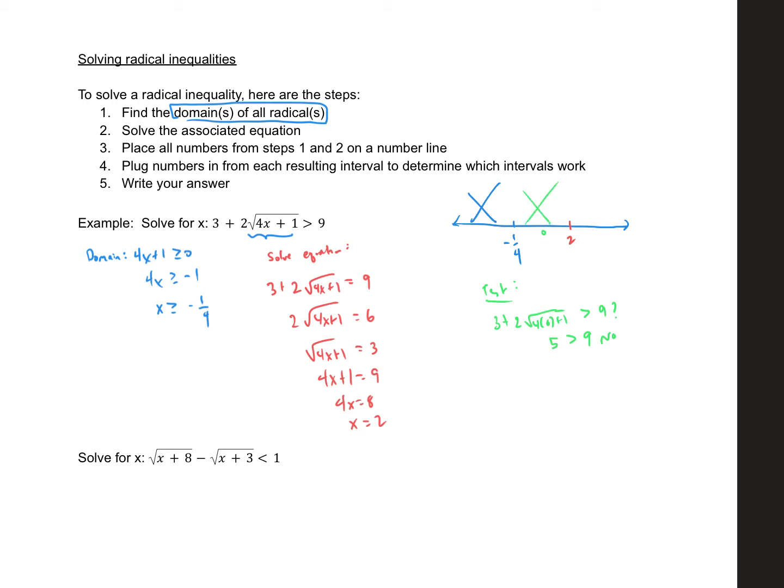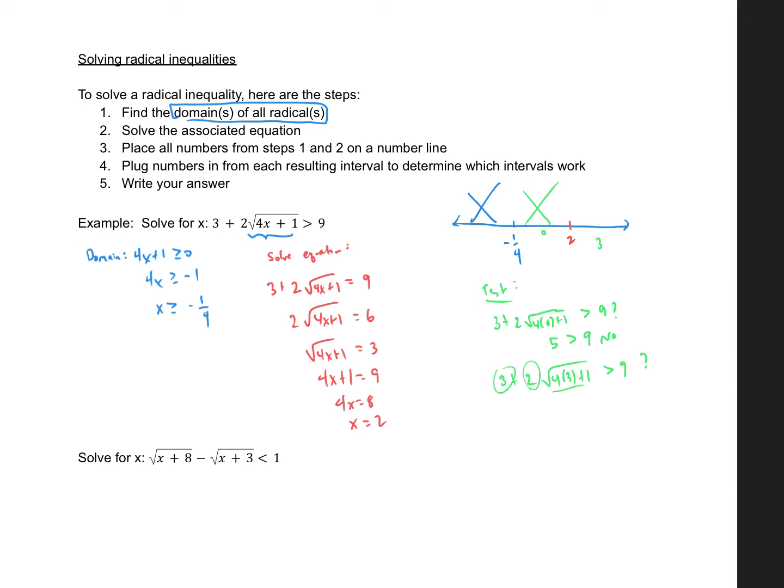So that means because 0 doesn't work, none of the numbers in the interval with 0 work. So now I'm going to test a number bigger than 2, and I look at this and I say, how about, I don't know, 3? If I test 3, and you can use a calculator with this, this gives you the square root of 13, which is somewhere between 3 and 4. You can obviously get the decimal for that. So when I double it, that would give me something between 6 and 8.